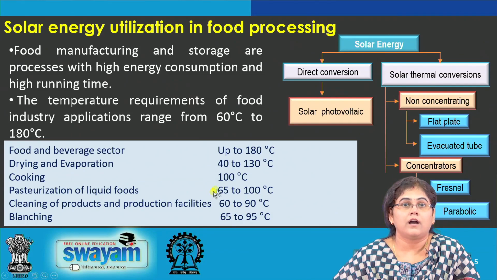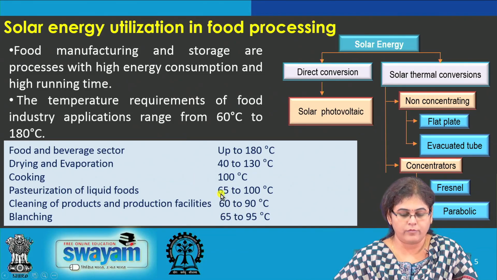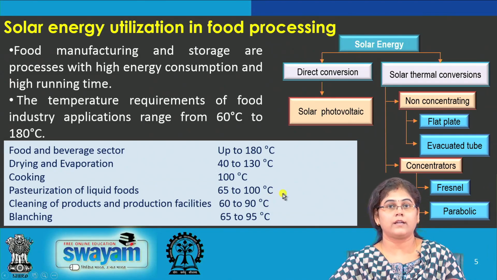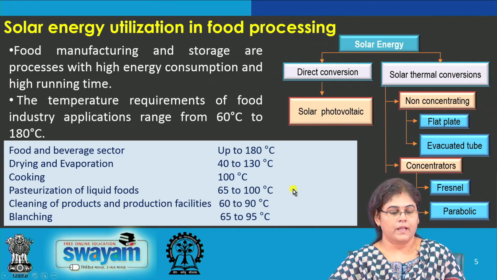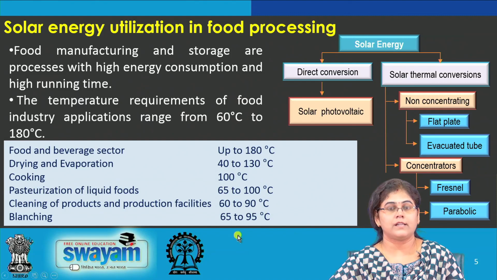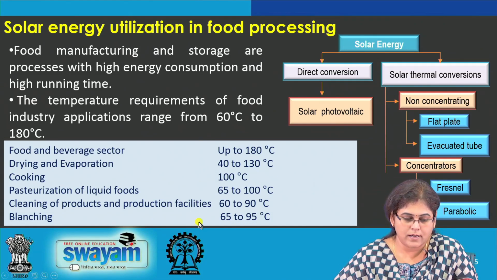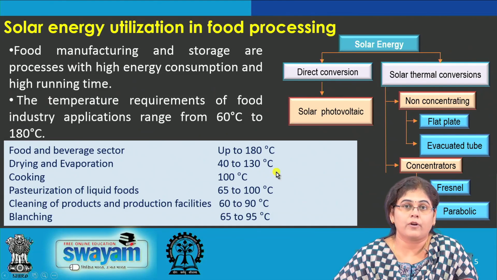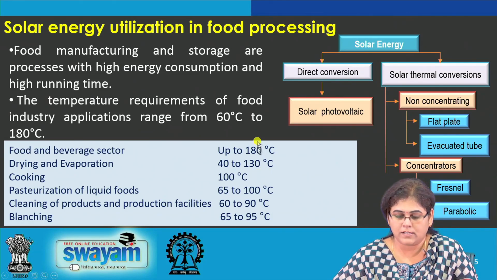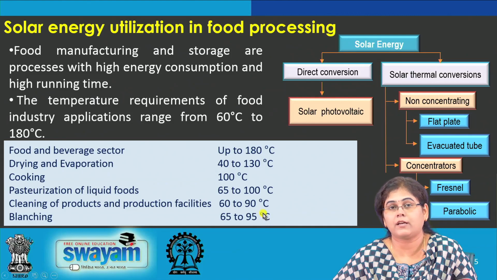Cooking is around 100 degrees centigrade. Pasteurization of liquid foods needs 65 to 100 degrees centigrade. Cleaning of products and production facilities needs 60 to 90 degrees centigrade, and blanching can be performed between 65 to 95 degrees centigrade. So for performing these different processing operations in the food industry, these temperature ranges can be very effectively achieved by the use of solar energy.